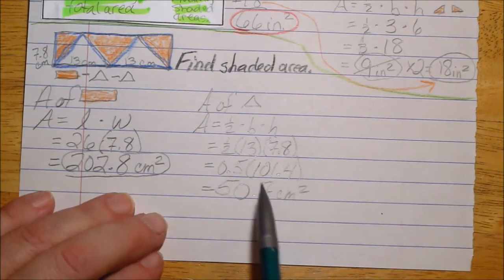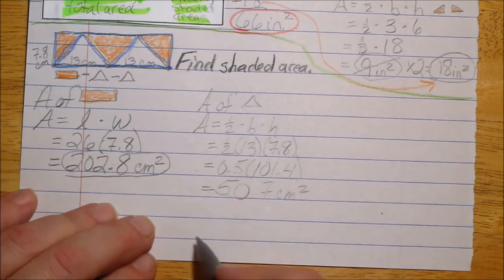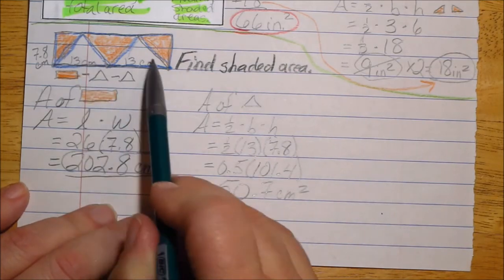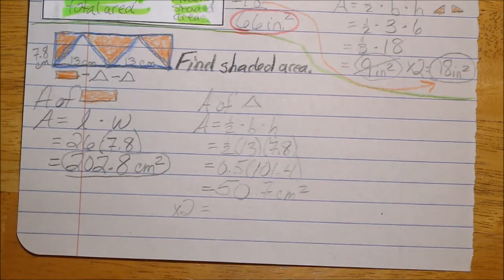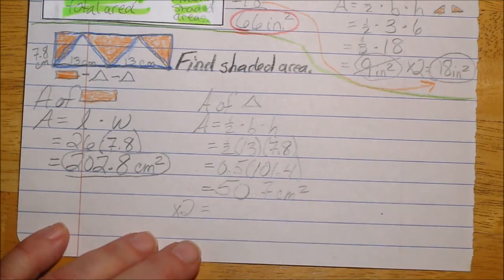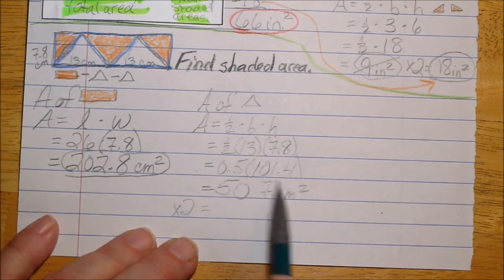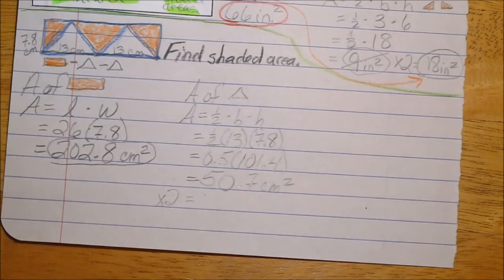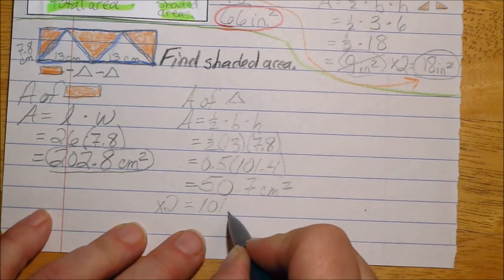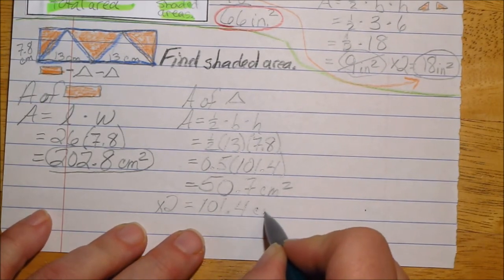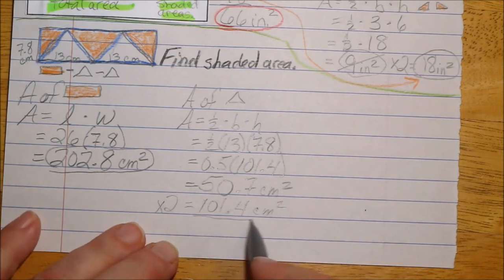Now I need to multiply this, however, times 2 because there are two of those triangles. So that times 2 gets us back up to 101 4/10 centimeters squared. So pencil circle that.